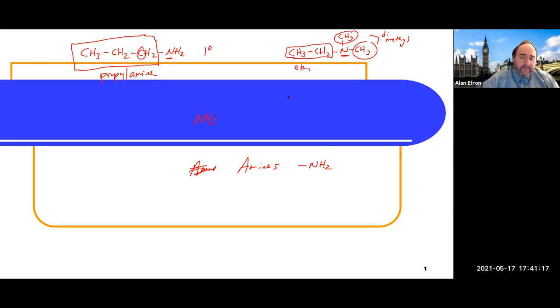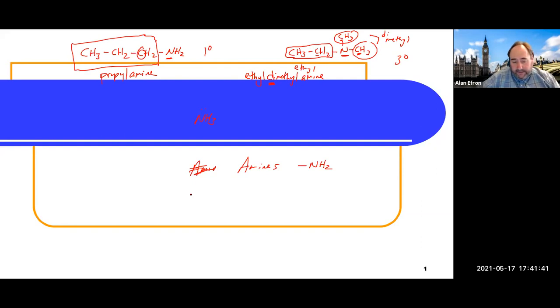And again we put it in alphabetical order. This would be ethyl, dimethyl, remember ignoring the prefix di, and amine. This would be a tertiary amine, since it has those 3 carbons attached to it. Any questions on that?